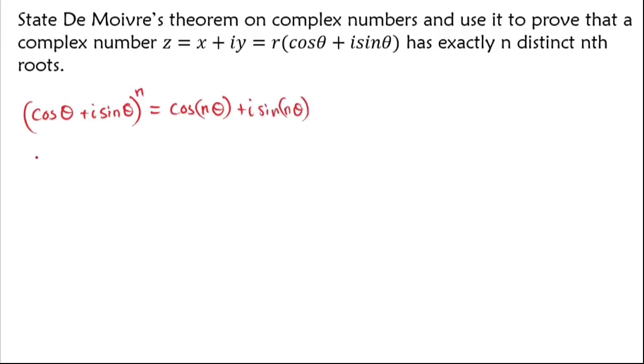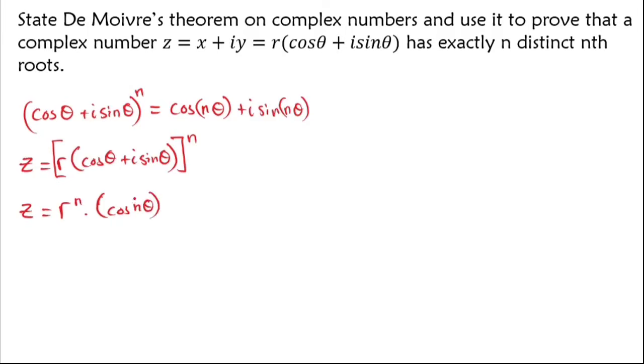Now, please note that this is also equivalent to this: if I have the modulus of a complex number, r (cos theta plus i sin theta), then all this raised to the power n means that z equals r to the power n, then open bracket cos n theta plus i sin n theta. Okay, so this is De-Moivre's theorem.